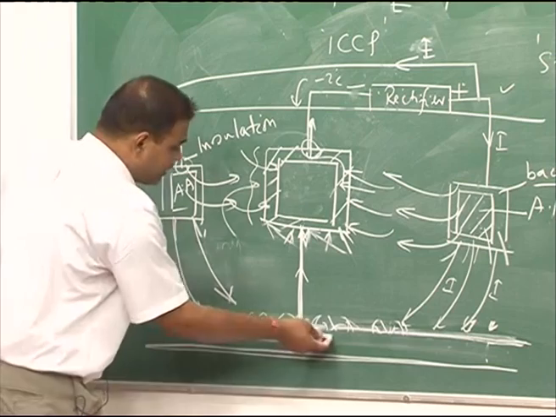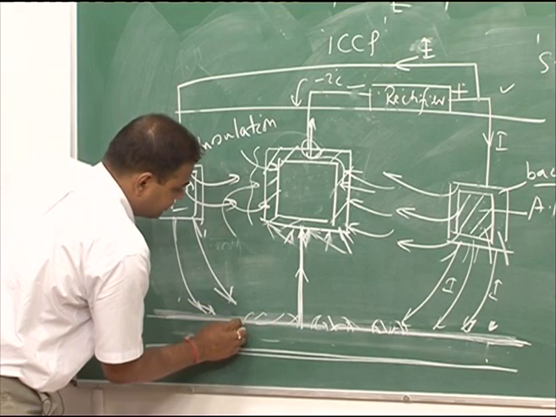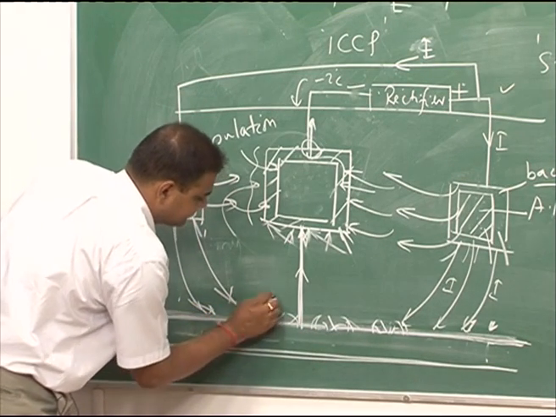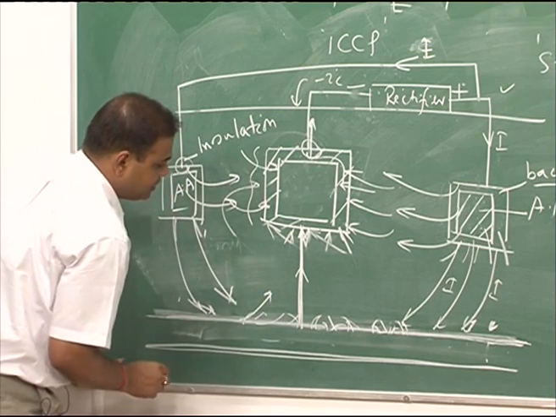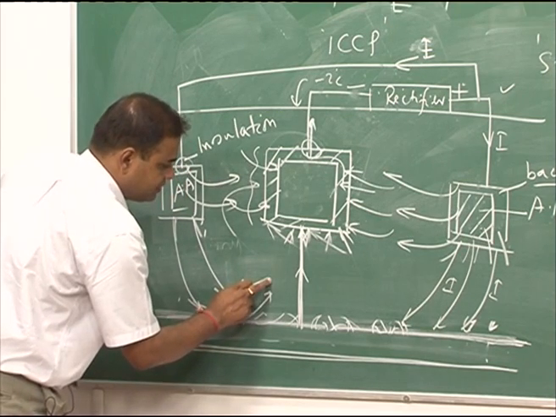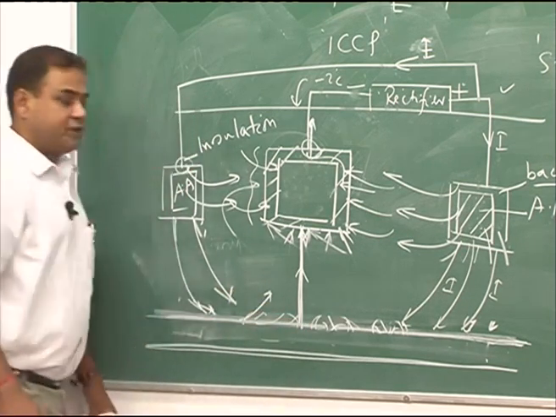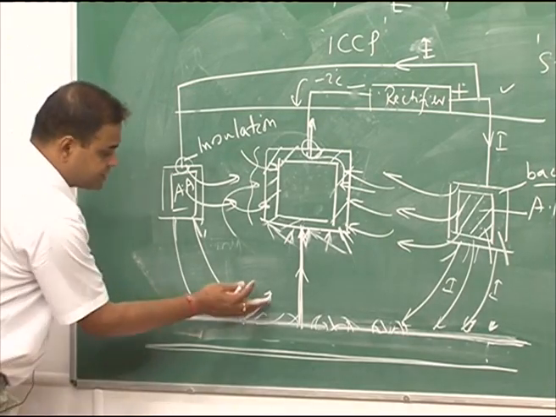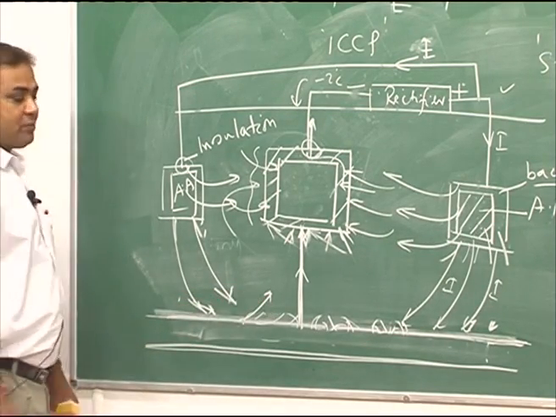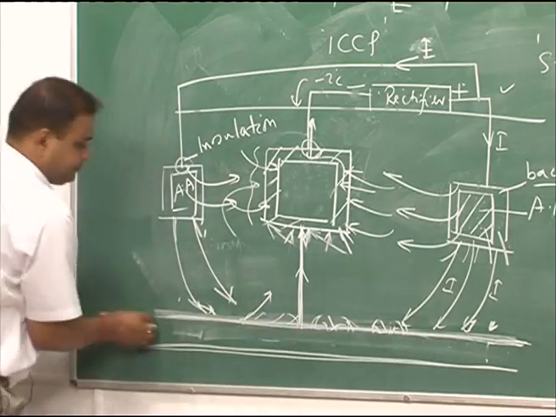So, no case where the current is leaving this system or the pipeline to the electrolyte, that situation we are stopping. And if we can stop this situation, we can protect this pipeline also.